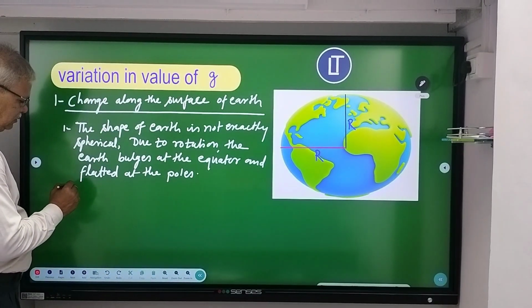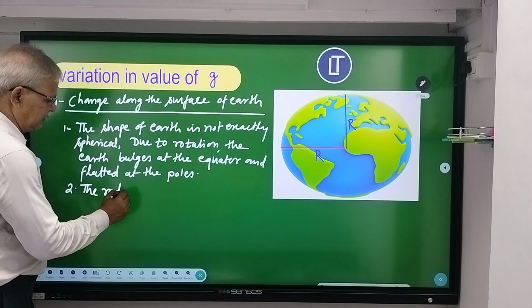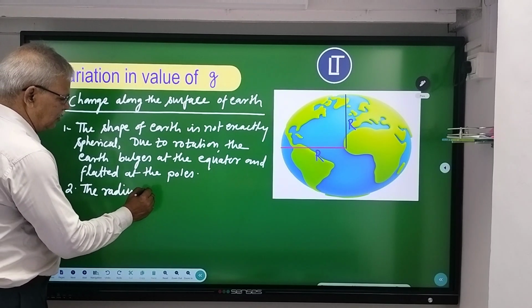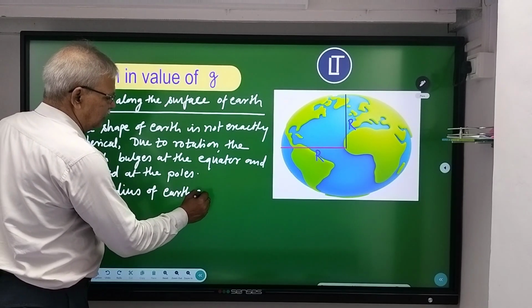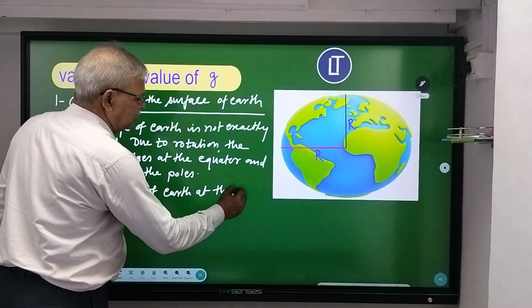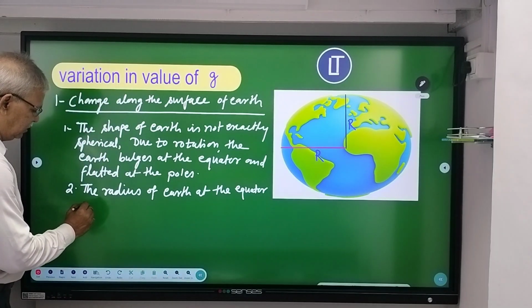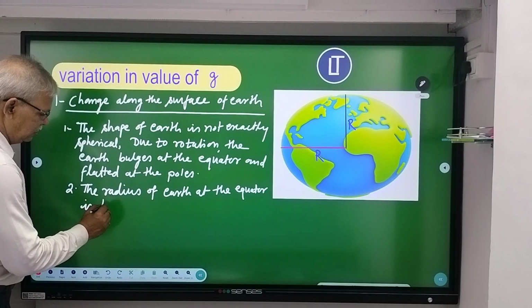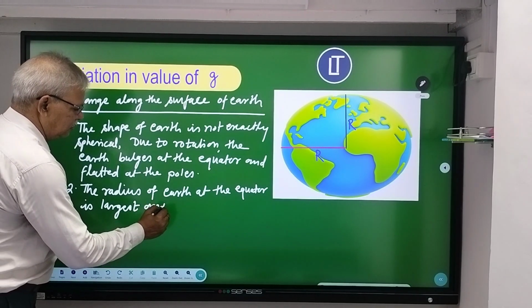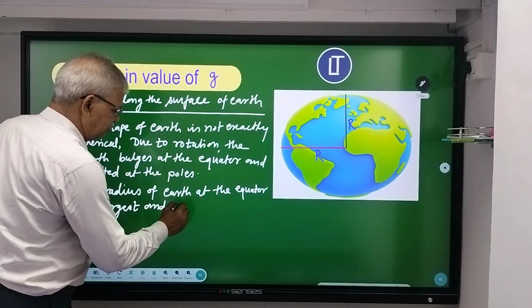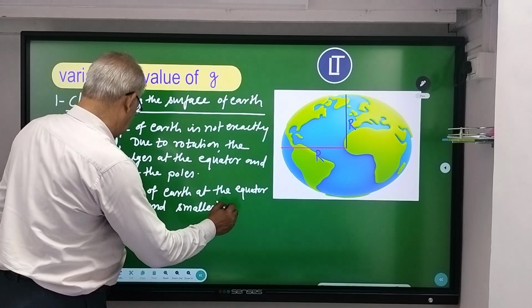Thus, the radius of Earth at the equator is largest and smallest at the pole.